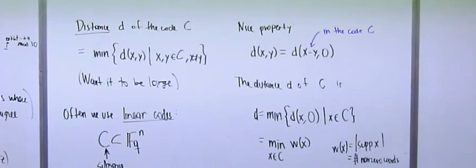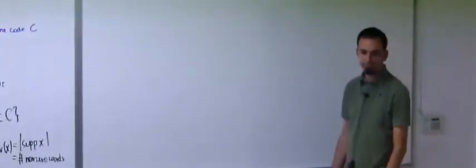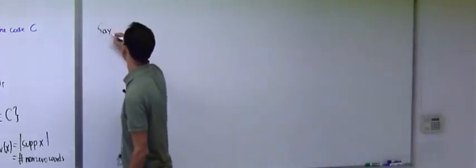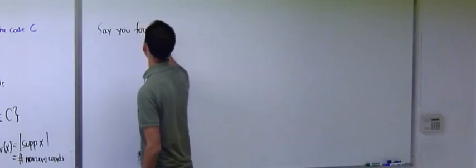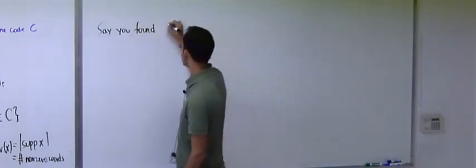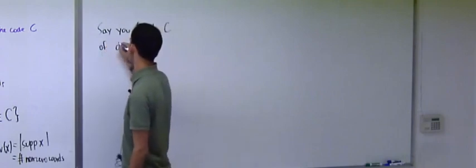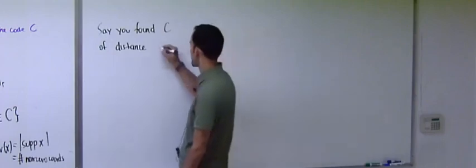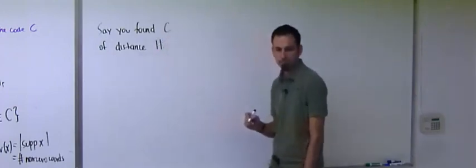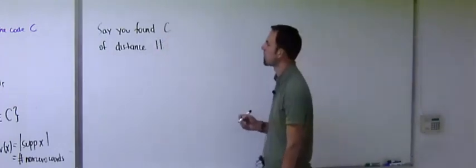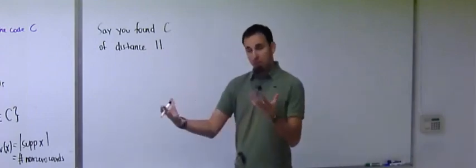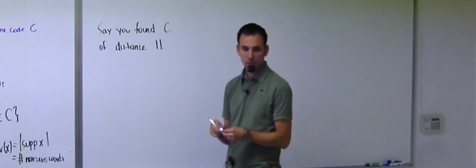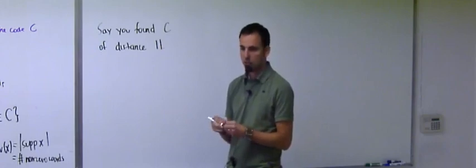So let me make this concrete. Let's say that, for example, you managed to find a code C of distance, say, 11. Okay. So that means that any two words are a distance 11 or more from each other. They disagree in at least 11 coordinates.